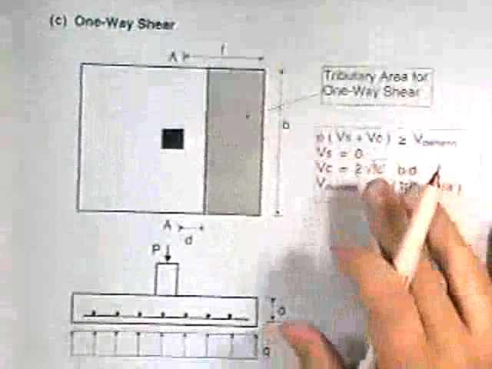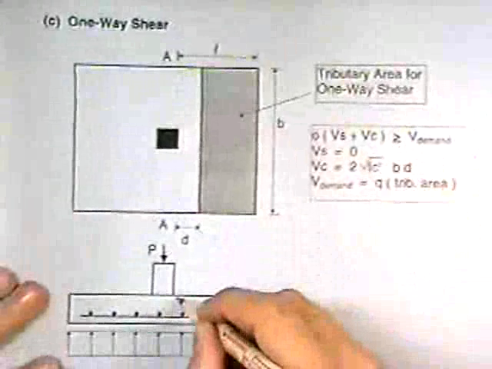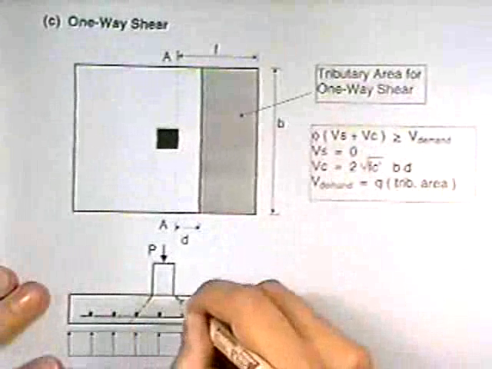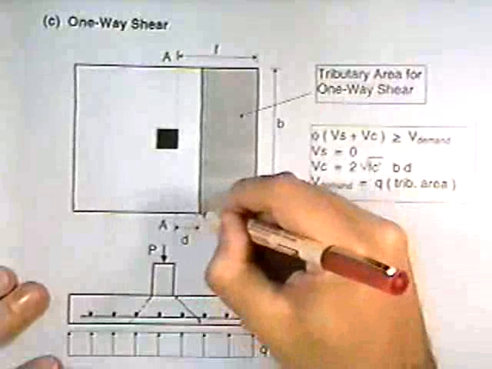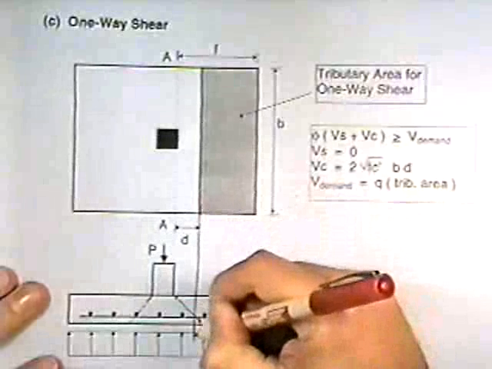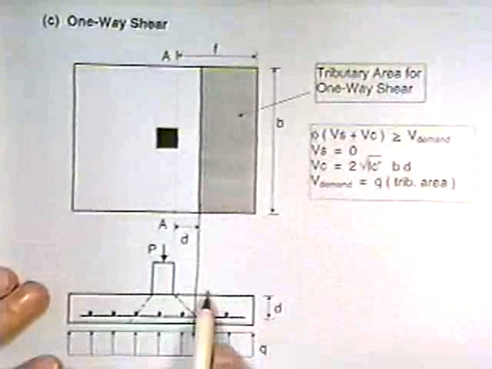Now for shear, remember, shear forms by cracking at an angle of 45 degrees from the horizontal. So if I take a look here, the only way this can fail is like this. The reason we go out to a distance D corresponds to this point right here. So that would be our critical point.